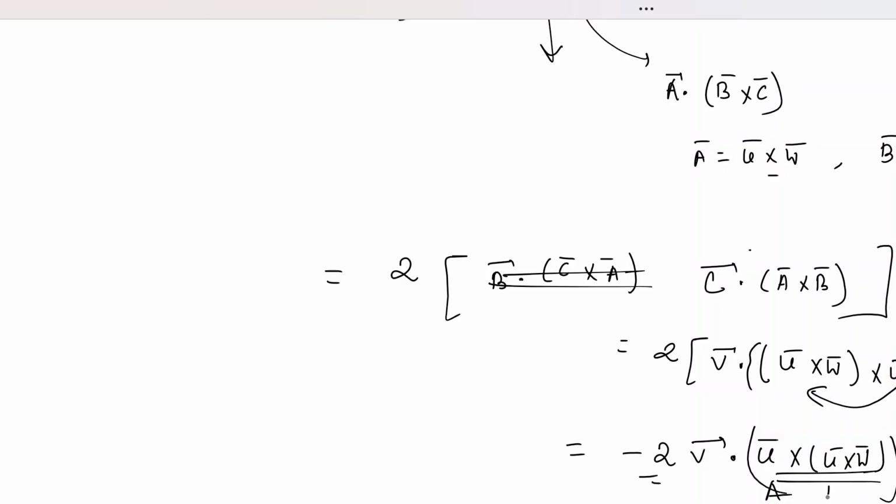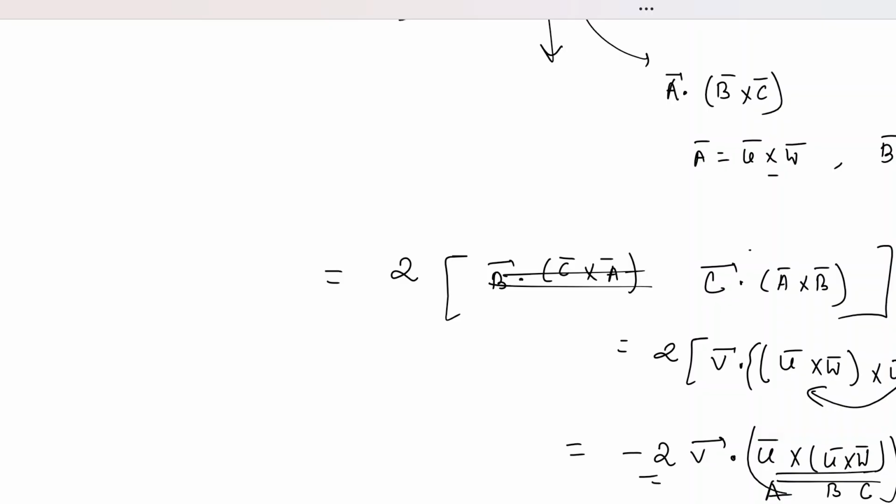Here this is your a cross b cross c. So how the BAC-CAB rule is taken, you remember that b, then a dot c, minus c, then a dot b. So here you see that u dot u is basically u whole mod square. This u dot w is not 0, so none of the terms are 0.